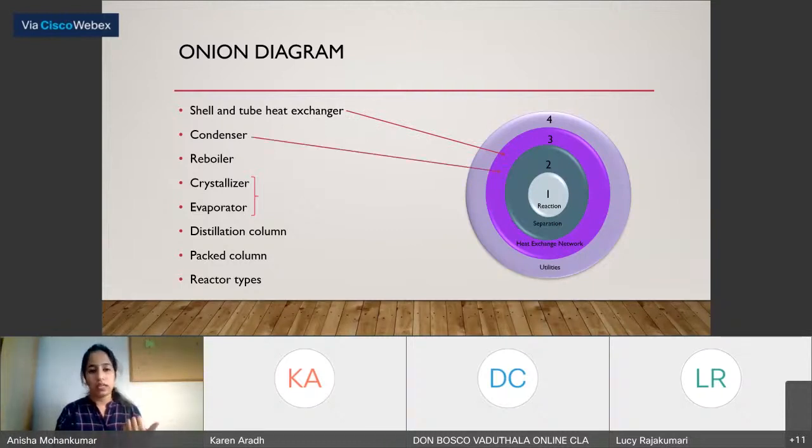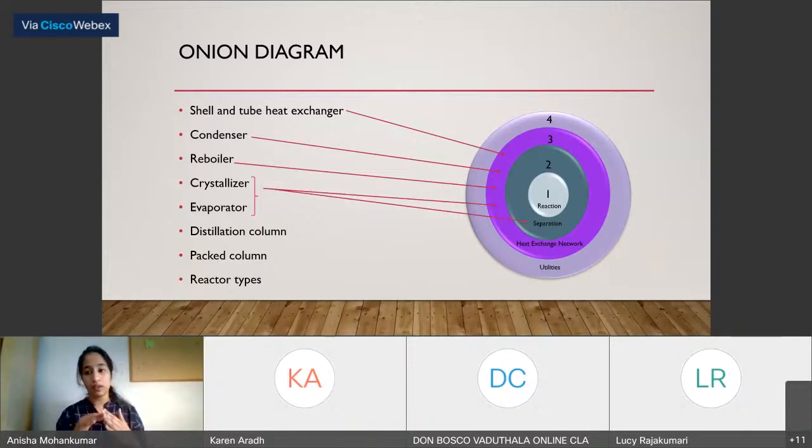Condenser and reboiler are also heat exchanging units, but they do just heating or just cooling. They don't do both, so they also fall under heat exchange networks. Crystallizer and evaporator do heat exchanging jobs and also separate products, so they fall under both heat exchange and separation cores.